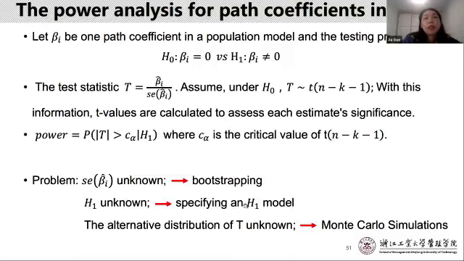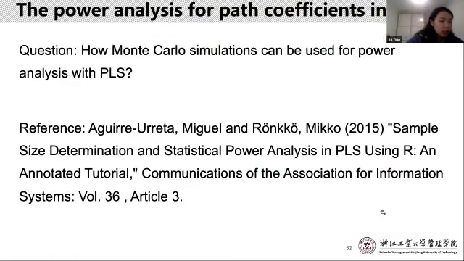We can specify one, so we can also solve the second problem. The last problem is that the alternative distribution of the test statistic is unknown. To solve this, we will use Monte Carlo simulations. Next, we will show you how Monte Carlo simulations can be used for power analysis with PLS.